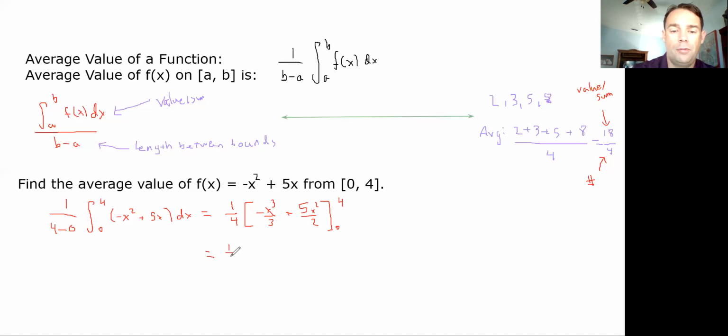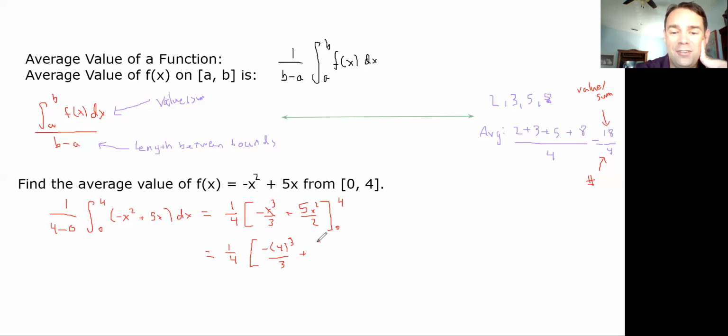So 1/4. We got negative 64/3. Plug in the 4 in here. I probably should show where this is just in case. So negative 4 cubed over 3. Sorry about that.